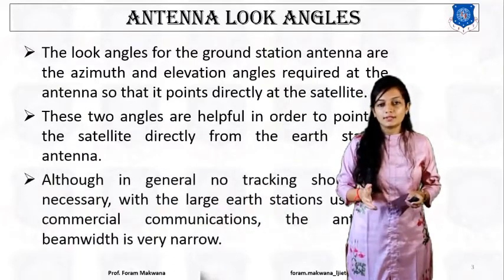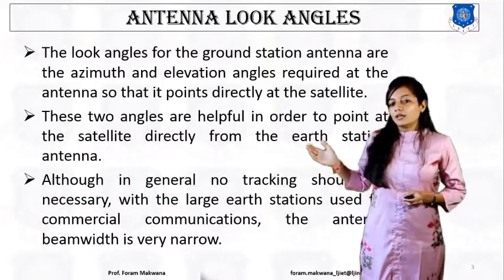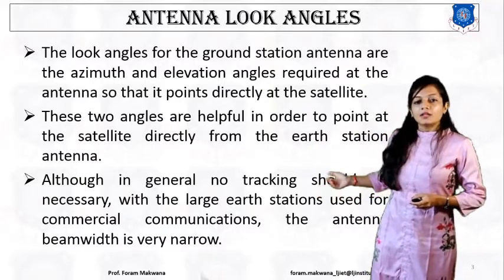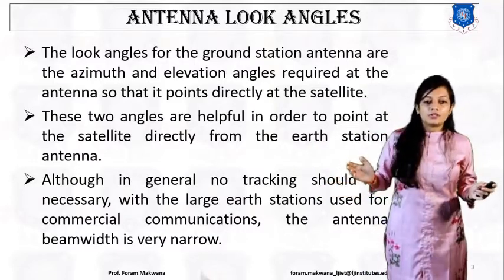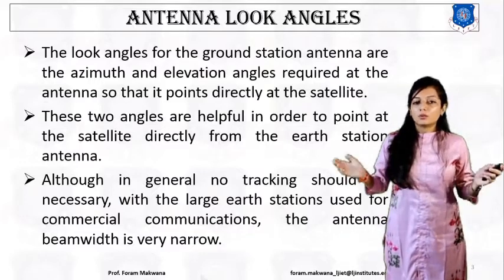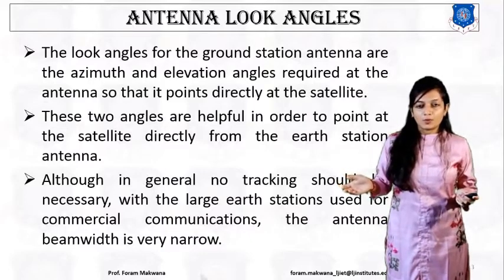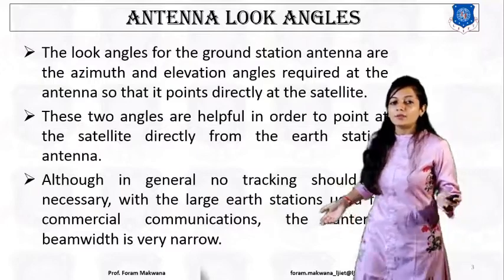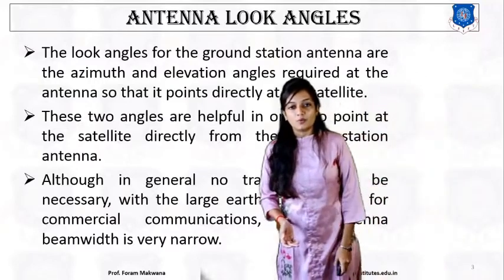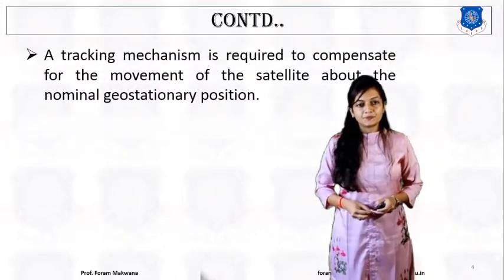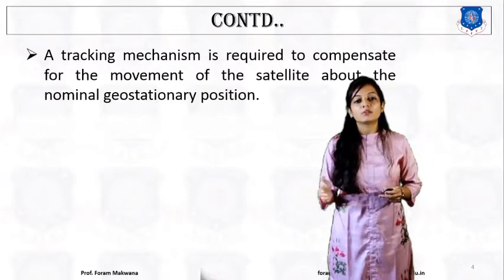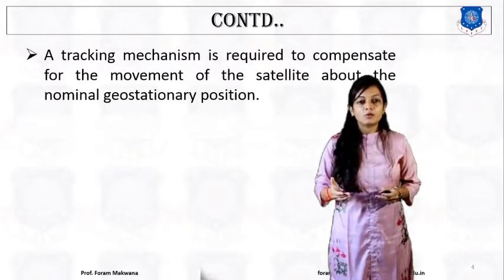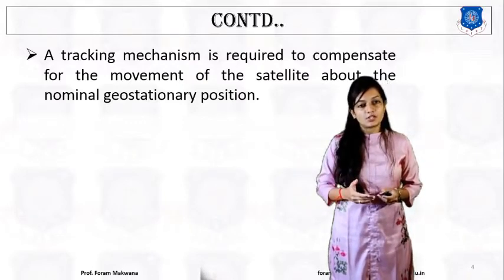We have already seen that, in general, no tracking should be necessary with the large earth station that is used for commercial communication. Why? Because the antenna beamwidth is very narrow, right? So, the tracking mechanism is required to compensate for the movement of the satellite about the nominal geostationary position.